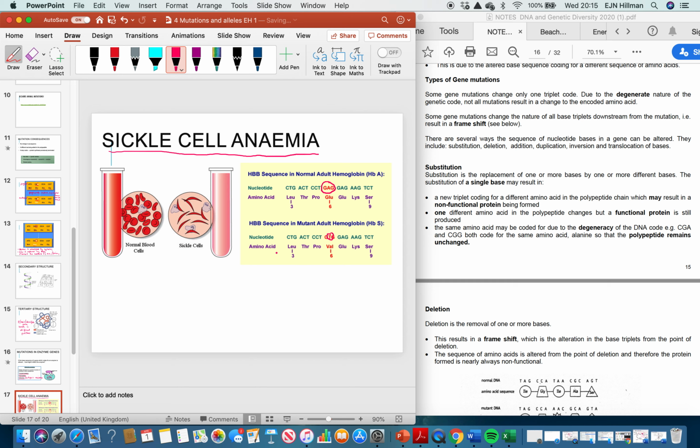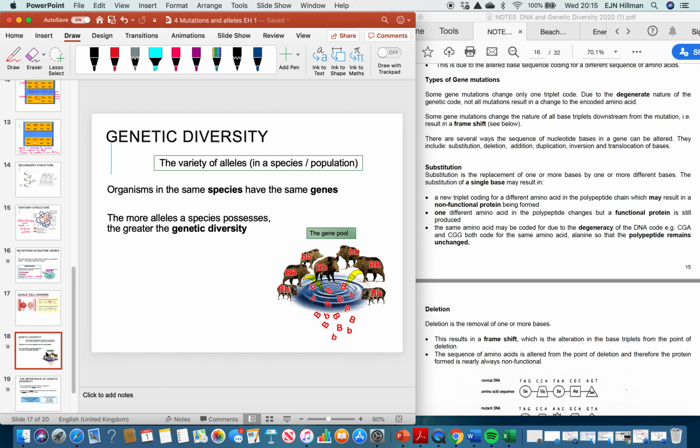That changes the amino acid to a valine, and that causes the shape of the hemoglobin to change, which results eventually in the sickle cell red blood cells. And they've got a lower capacity for carrying oxygen, and they also increase the likelihood of clots forming and aneurysms.